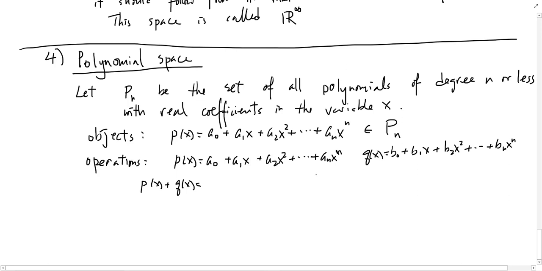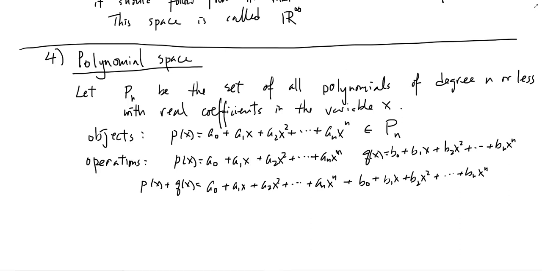Well, basically I'm adding these two things. So I'm going to say that's the same thing as a sub 0 plus a1 x plus a2 x squared plus dot dot dot plus a n x to the n, plus b sub 0 plus b1 x plus b2 x squared plus dot dot dot plus b sub n x to the n. Now how do I add these two things together? Well, notice that when we're adding polynomials together, what we do is combine like terms.